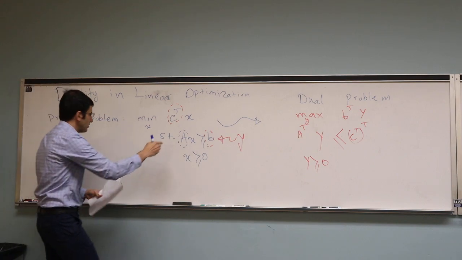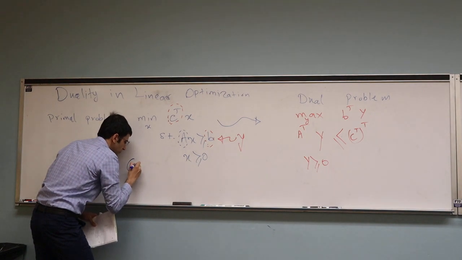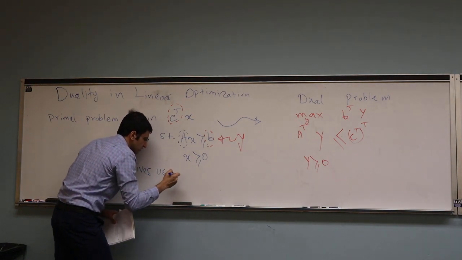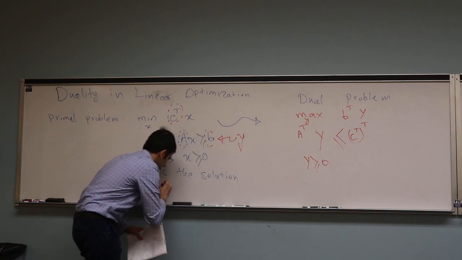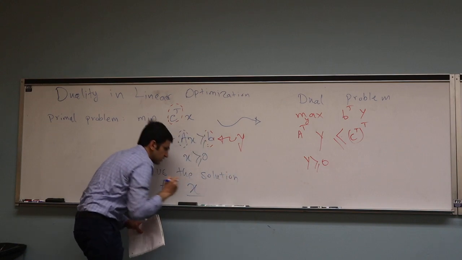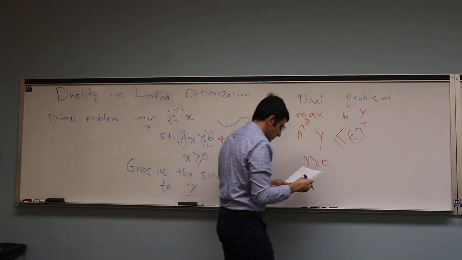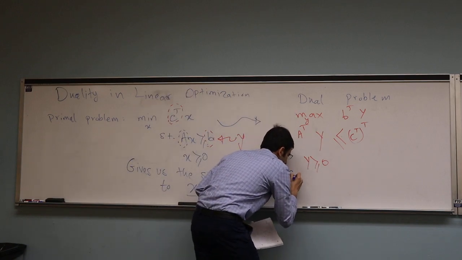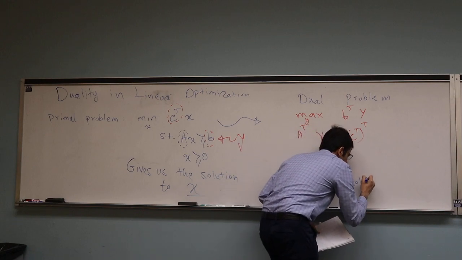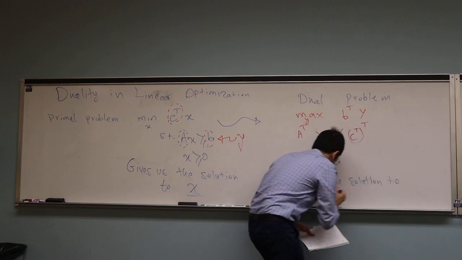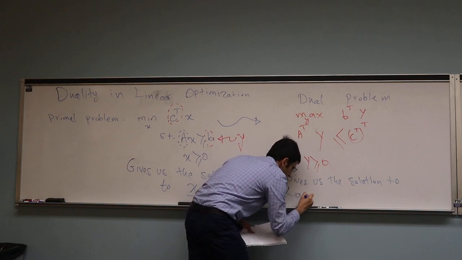So the primal problem gives us the solution to X. The dual problem gives us the solution to the Lagrange multipliers.